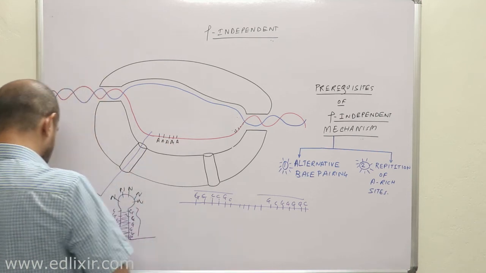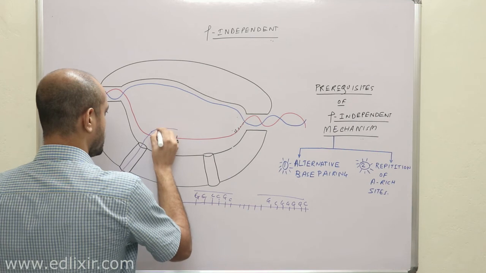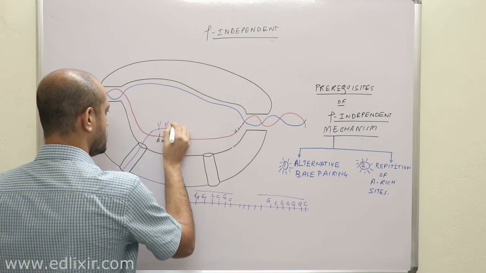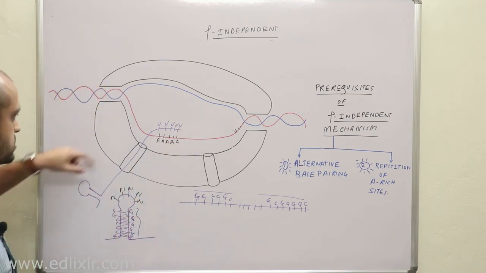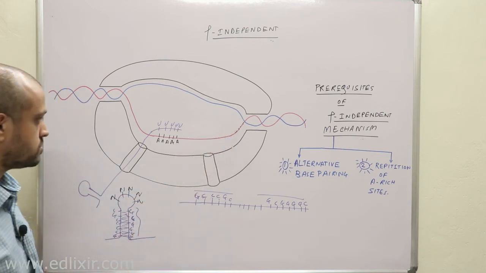Now when these A's are coming here, due to this weight, now listen, this is very important for Rho-independent termination.